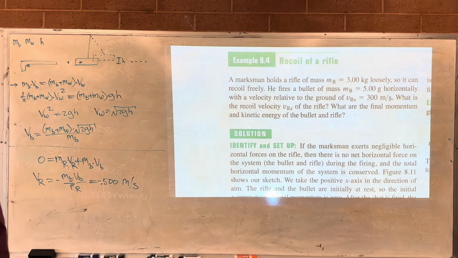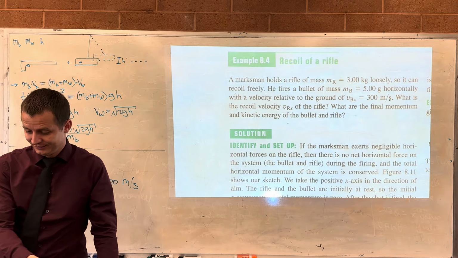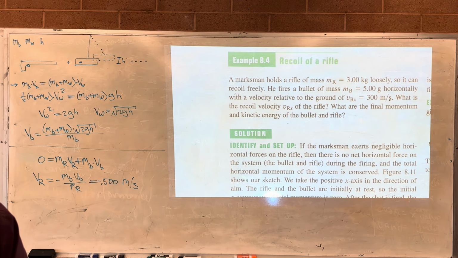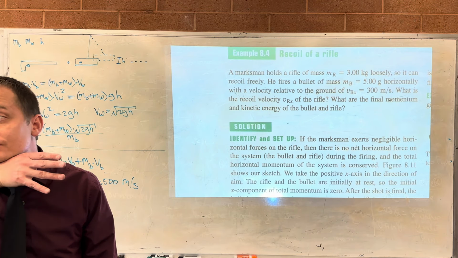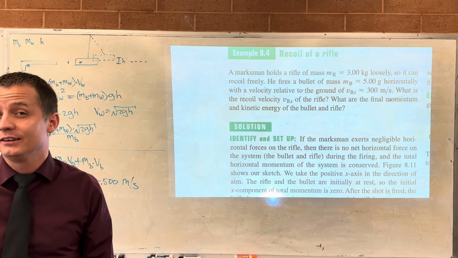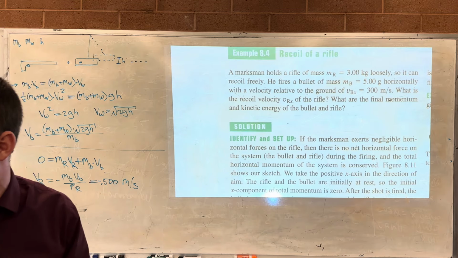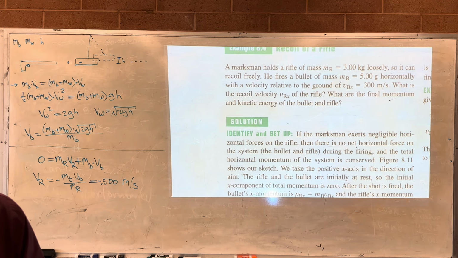Half a meter in a second is pretty slow. Half a meter per second is a little faster than a mile an hour.